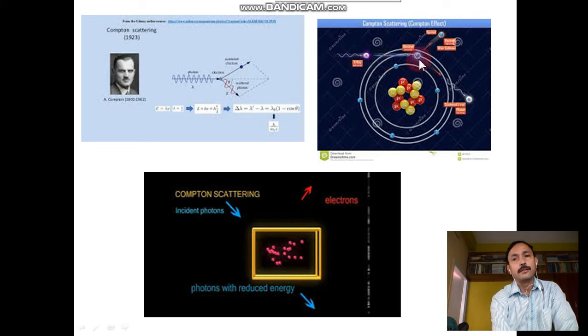Here this is the same picture. From the shell, photon is falling onto this one, radiation, electron is dislodged, radiation also scattered.